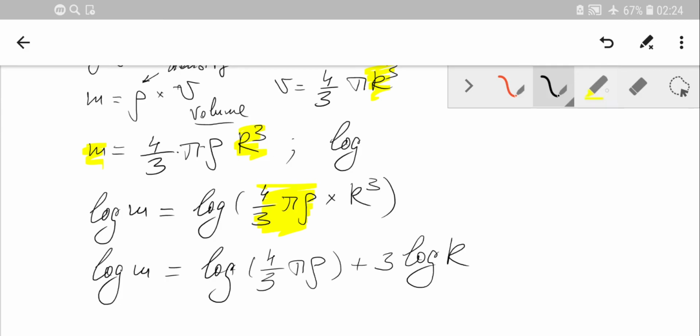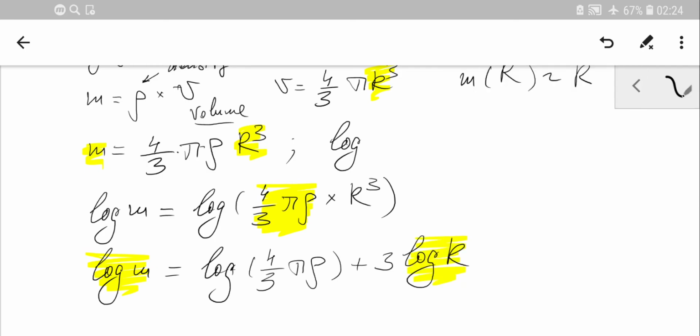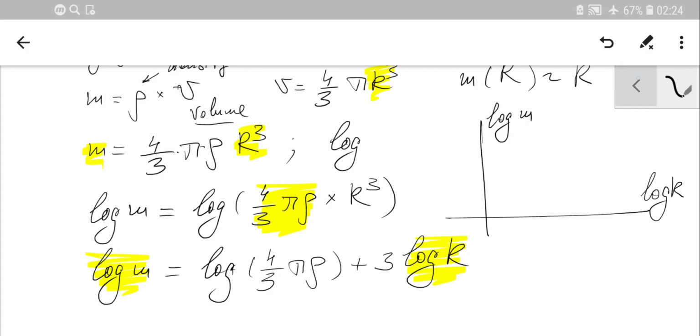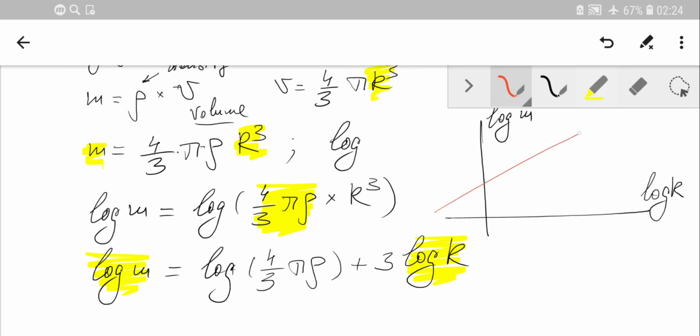Okay? Now we see that log m is a function of log r, and this case is a straight line. So it means if you plot log m versus log r, you'll get simply a straight line that goes through the y-intercept, which is log 4/3 pi times density, and with the gradient of 3 because it's the coefficient before log r.